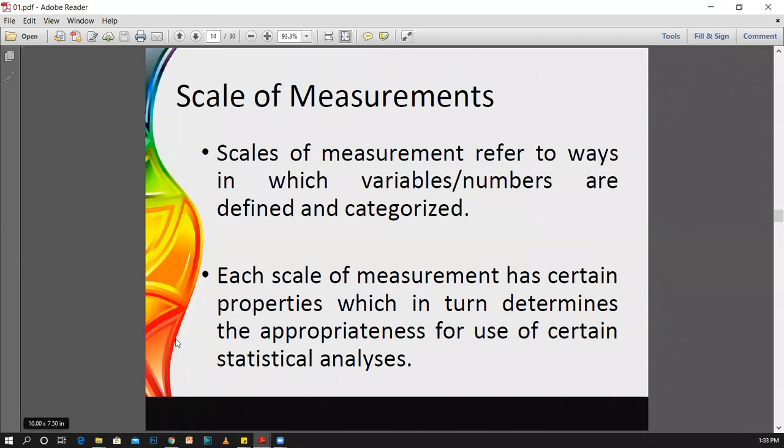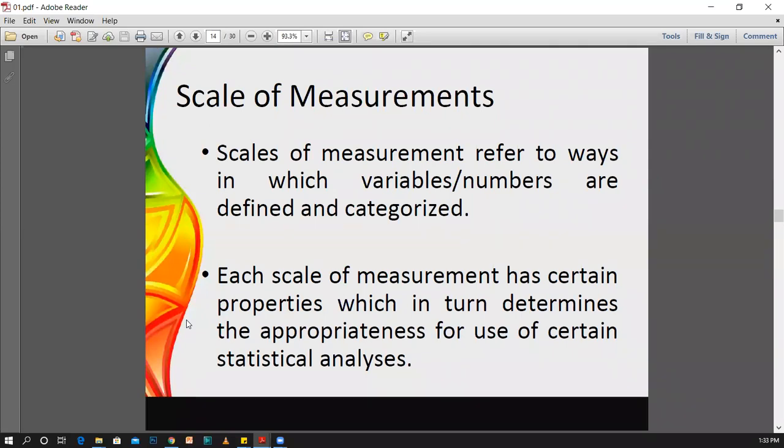Based on the scale of measurement, we identify which statistical method to use to analyze the data. It is because not all the statistical methods that you are learning are appropriate for every type of data.